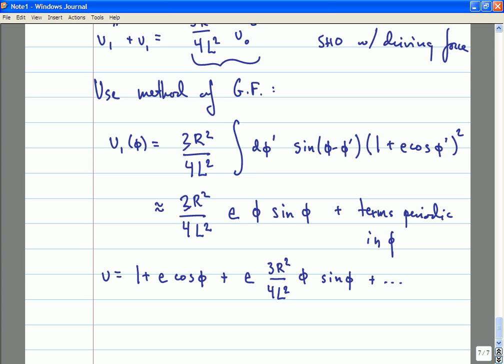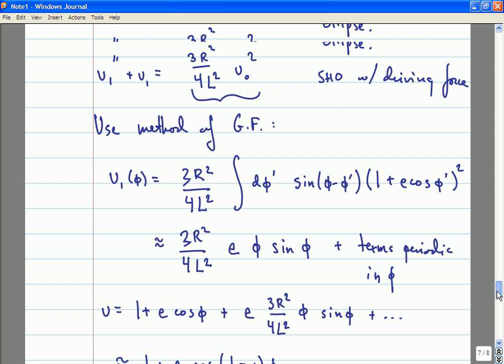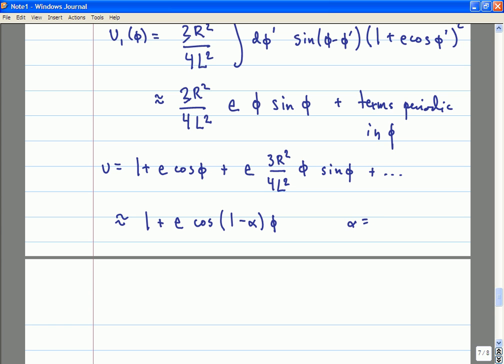And now, I would like to notice that this parameter that appears here, this 3r squared over 4L squared, is very, very small. So I can approximate this as 1 plus e times cosine of (1 minus alpha) phi, where alpha is equal to 3r squared over 4L squared.